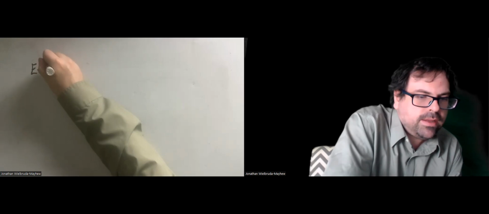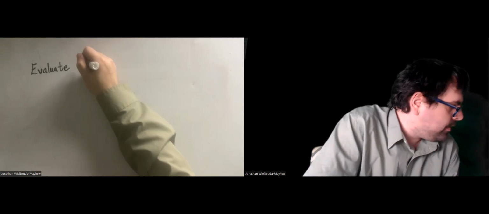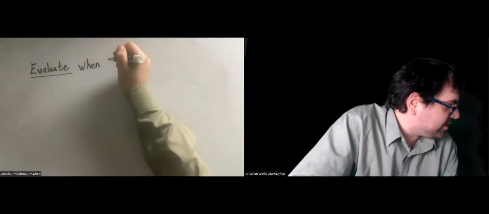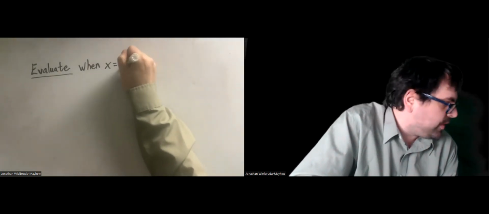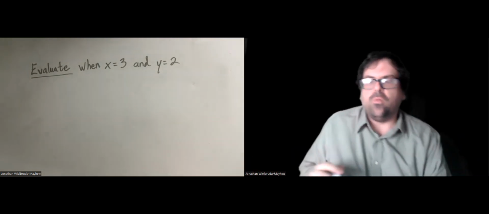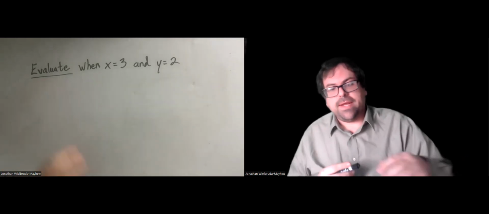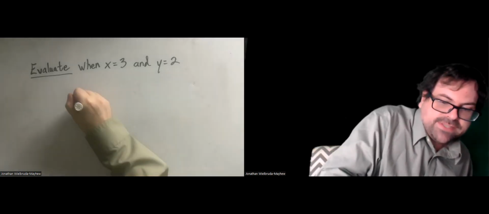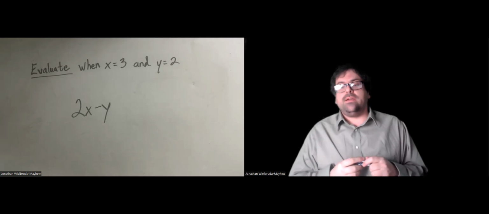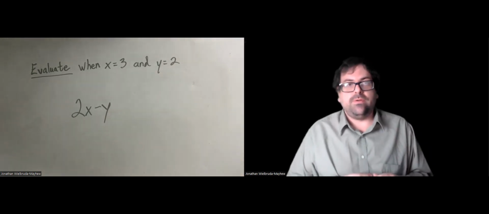Evaluate for this next group, when x equals 3 and y equals 2. Evaluate means we have some expression like 2x minus y, and we want to plug in 3 for x. We want to plug in 2 for y.